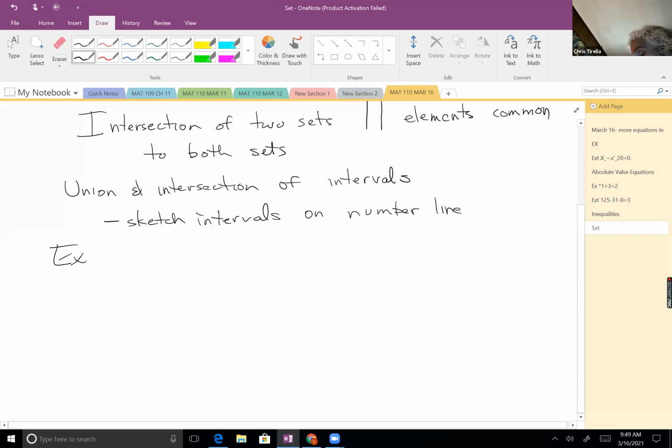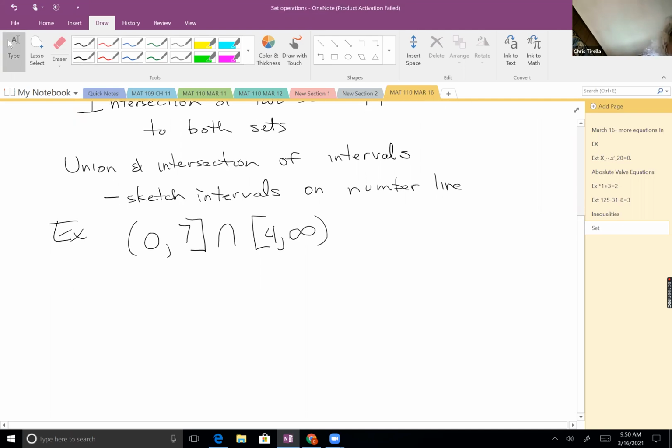So for example, if I have the interval open at 0, closed at 7, intersect the interval that's closed at 4 and goes on to infinity, one way of finding this is to sketch the first. The first interval is open at 0, closed at 7, and all the values in between.